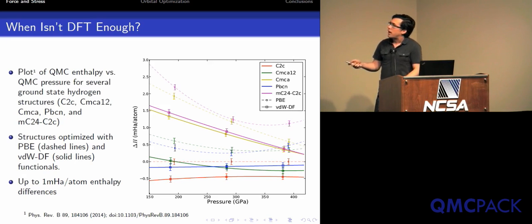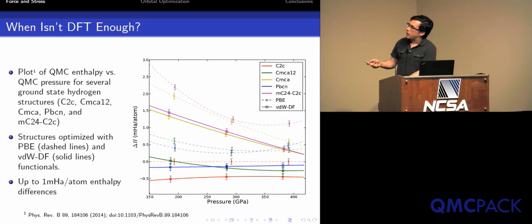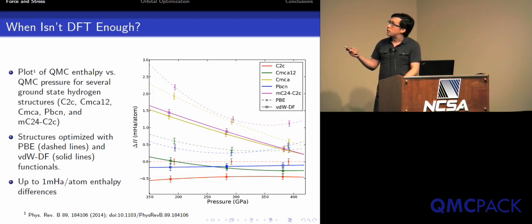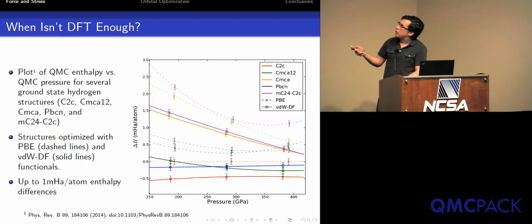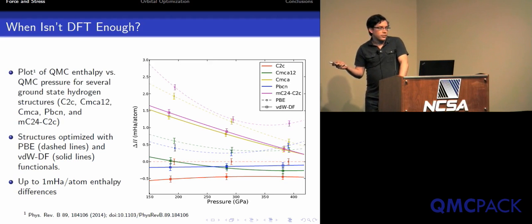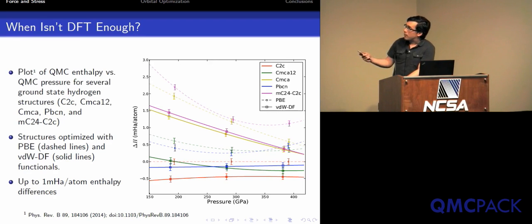So what I'm showing in this plot is pretty much the enthalpy calculated by QMC as a function of pressure. And what I've done is I have calculated these enthalpies for several of the proposed hydrogen structures. So the different colors are different structures, and the dashed lines and the solid lines are basically where did I get my structures from? Did I get it from a PBE optimization? Did I get it from a van der Waals DF optimization?